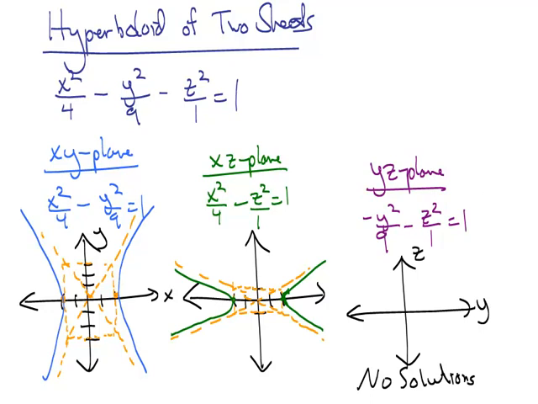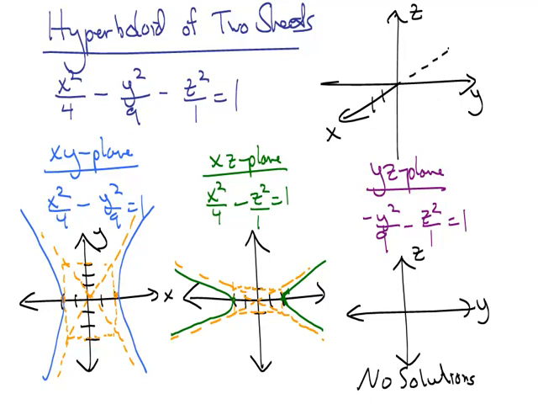So here's our two-sheet hyperboloid then. I'm going to do the best I can drawing it on our x, y, z plane. The x is the positive. That's where my two sheets are going to be. I got action going on at plus or minus 2 on the x-axis. Here's what it's going to look like.